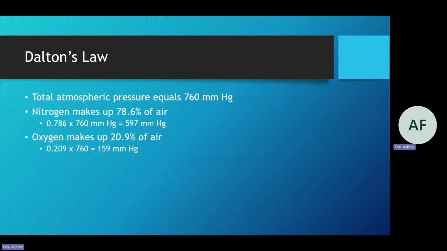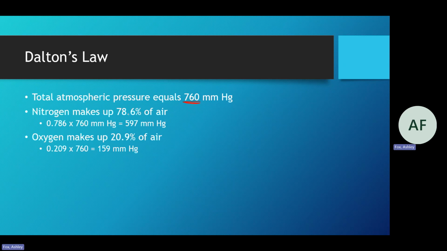So this is what I mean. I'm not going to make you do the math. It's just so you can understand. Total atmospheric pressure, the total amount of pressure outside your body, made up of all these different gases, is 760 millimeters of mercury. That's just our pressure measurement. We know that nitrogen makes up 78.6% of the air we're breathing.